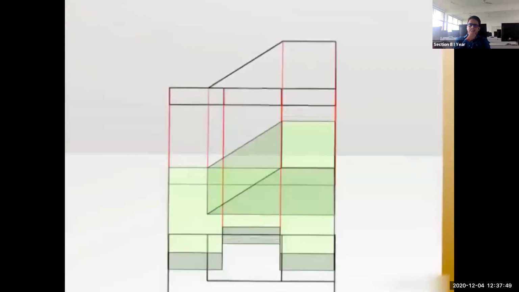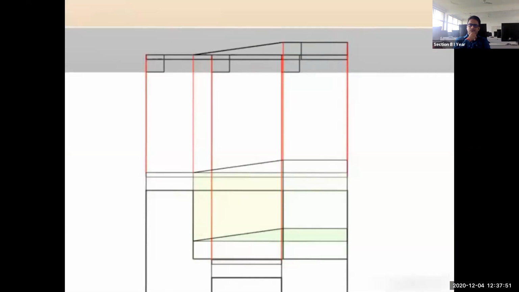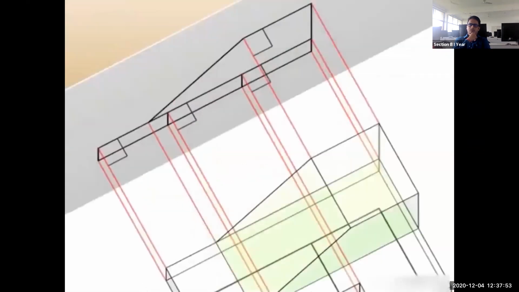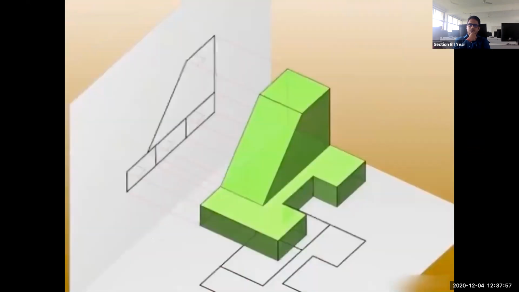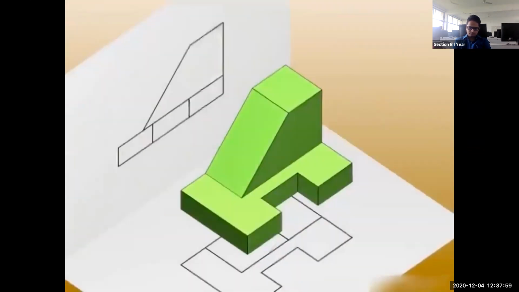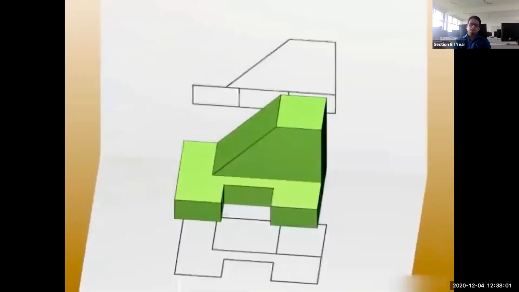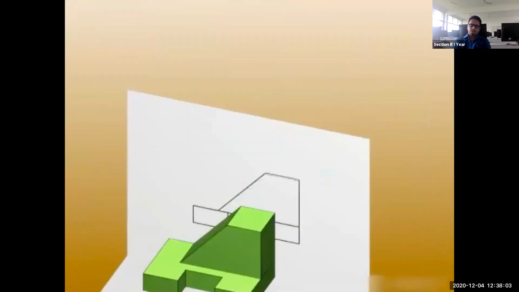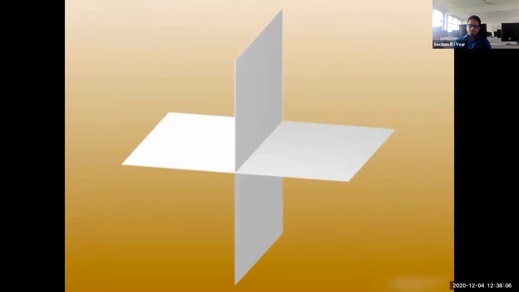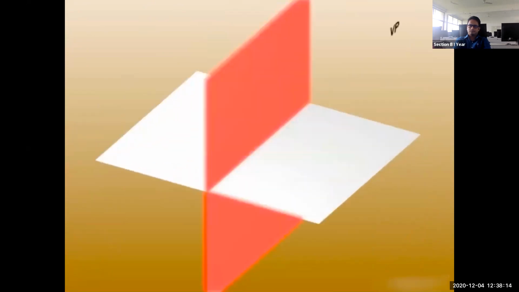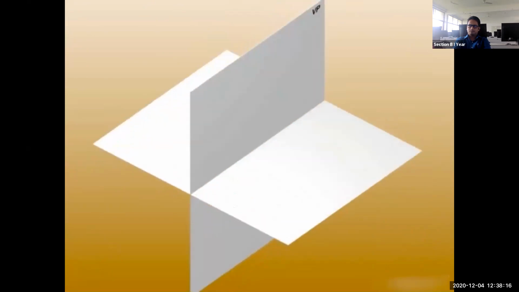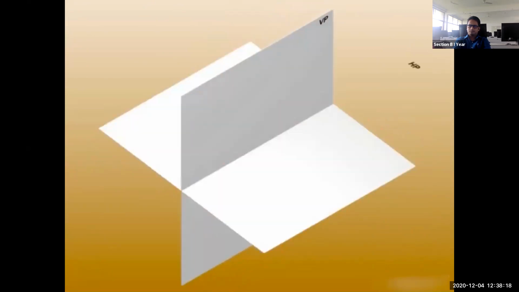The projectors are perpendicular to the plane of projection. This type is known as orthogonal projection, which is prominently used in engineering drawing as they show true size proportions and shape of the objects. Planes of projection are mutually perpendicular planes known as principal or reference planes. One of them is the vertical plane VP and other one is horizontal plane HP.